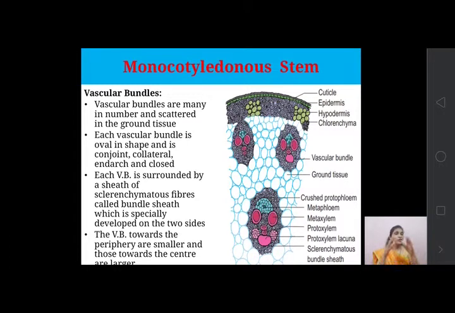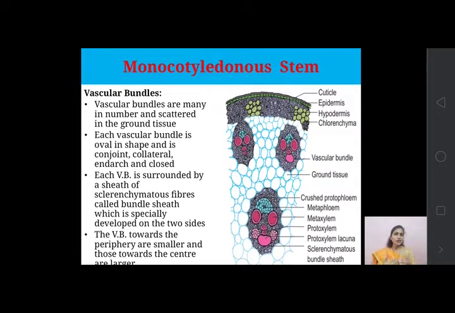But in the case of the stem, the main difference between root and stem is that the vascular bundles are conjoint and collateral, that means xylem and phloem are present on a single radius. So this is conjoint, collateral and closed. You can understand the meaning of these words: conjoint, collateral and closed.